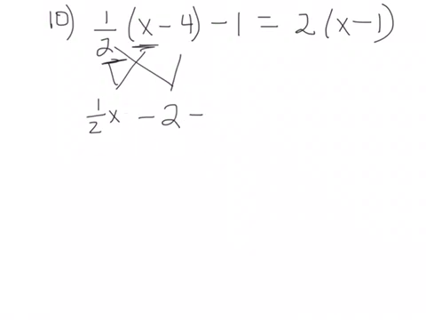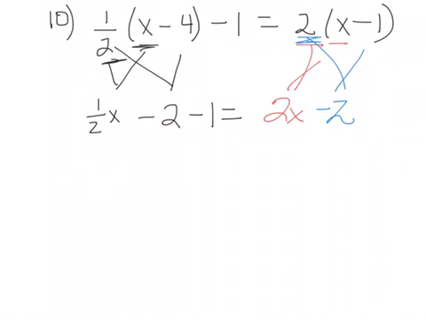Then I'll bring down the -1 equals. And on the right, we need to distribute. So 2 times x gives us 2x, and 2 times negative 1 is a minus 2.